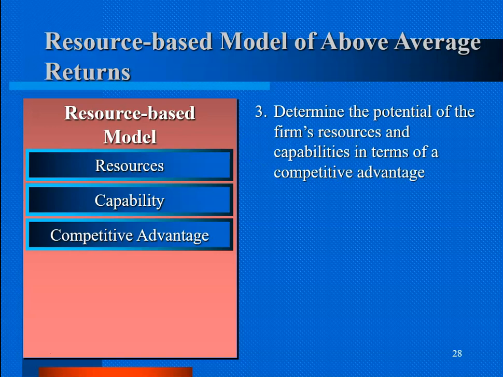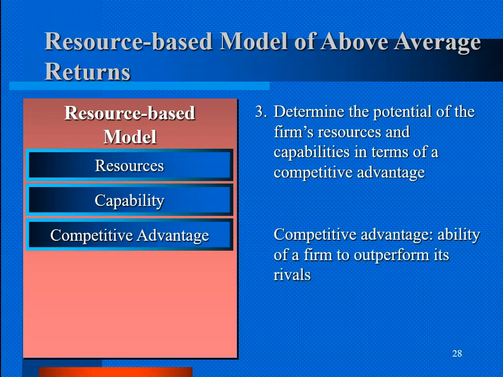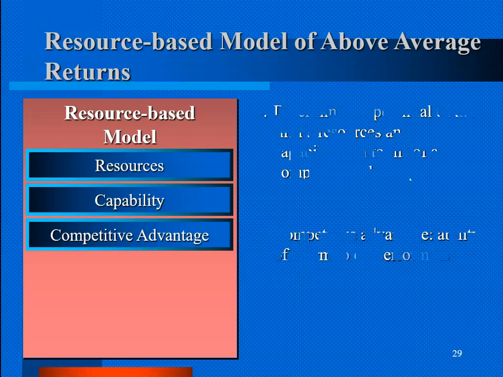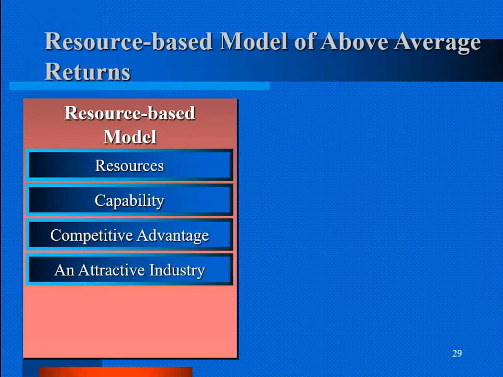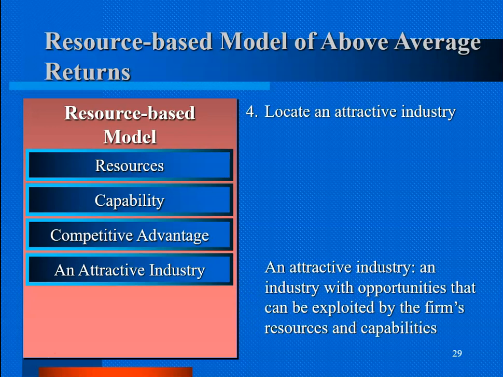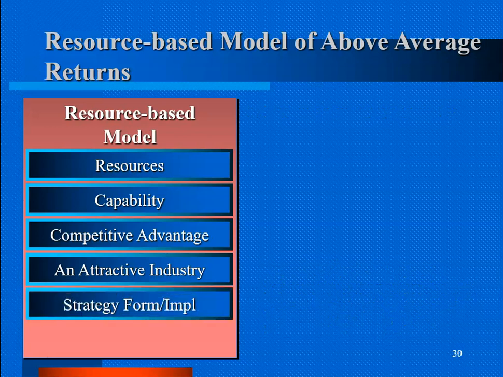Competitive advantage. You have to determine the potential of the firm's resources and capabilities in terms of a competitive advantage, which is the ability of a firm to outperform its rivals. An attractive industry. So just like the industrial organization model, the resource-based model also looks for an attractive industry where opportunities can be exploited by the firm's resources and capabilities.